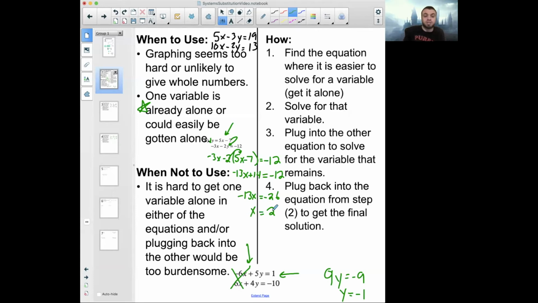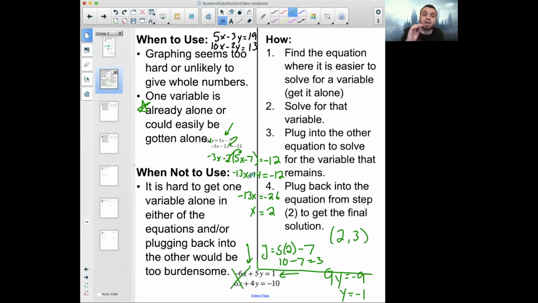So in this case, I would go to the top one. 5x minus 7: 2 times 5 is 10, 10 minus 7 is 3. So that means the solution is (2, 3).